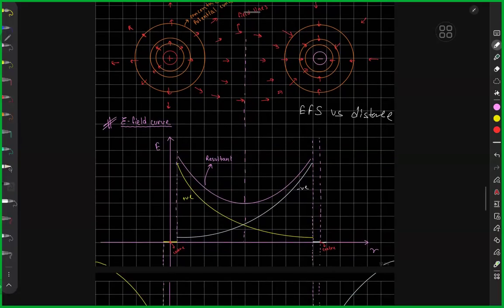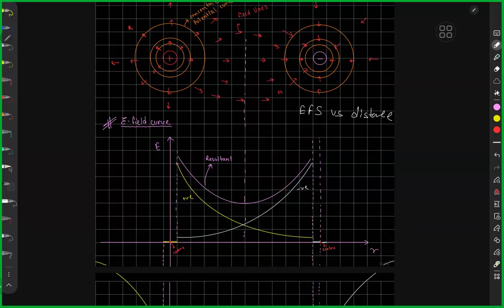Can you say that again? The pink line that you see is the resultant electric field strength curve between a positive and a negative charge. So our end goal is to come to this resultant curve, and I will come to this step by step. How do I get this resultant curve? First thing, the resultant curve represents the resultant electric field strength.